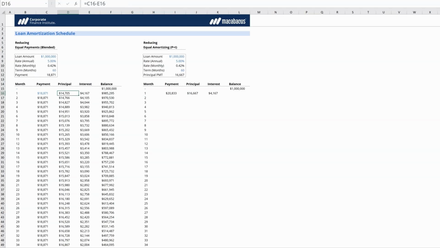But the amount of principal, even from the first payment, is also higher. We now need to calculate the balance outstanding at the end of month 1. So we're going to take the previous month's balance, and we're going to subtract the amount of principal that was paid.